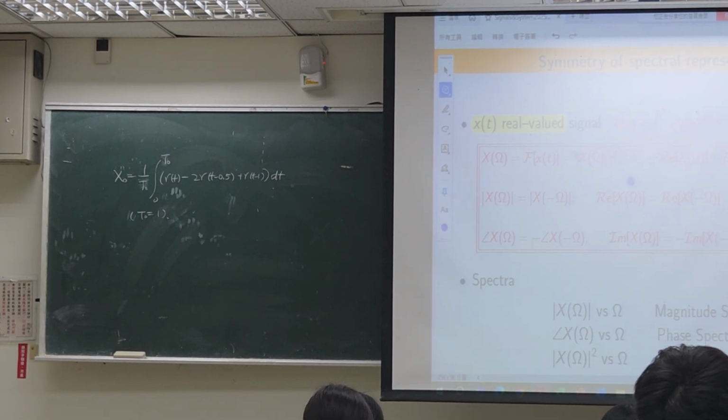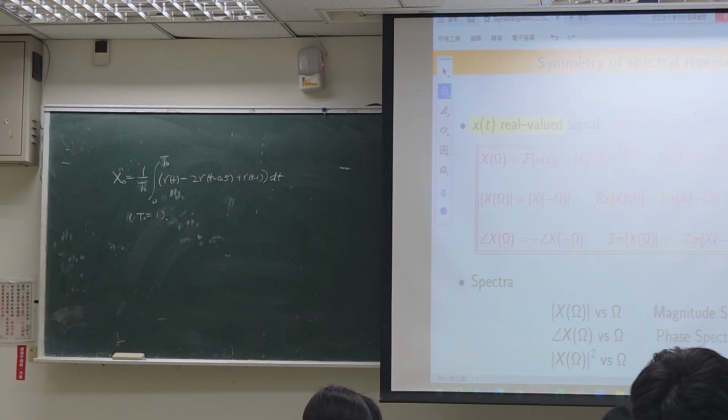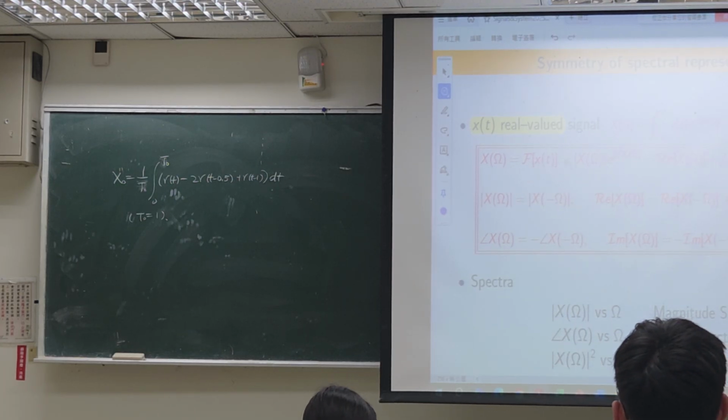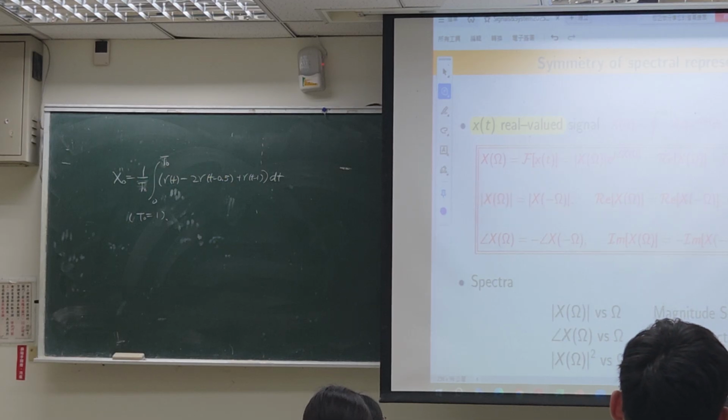This is the magnitude, the absolute value of x of omega, and then times e to the j times the angle of x of omega, right? Usually we use this expression in the Bode plot. They sketch the magnitude and also the phase angle. This is called the Bode plot, the frequency response.